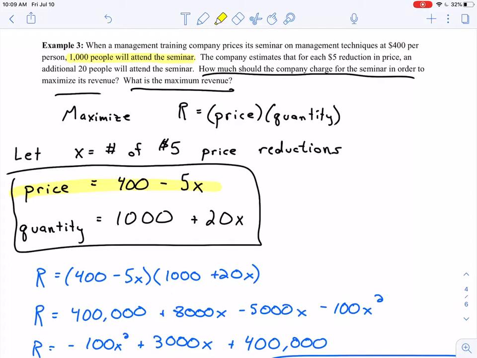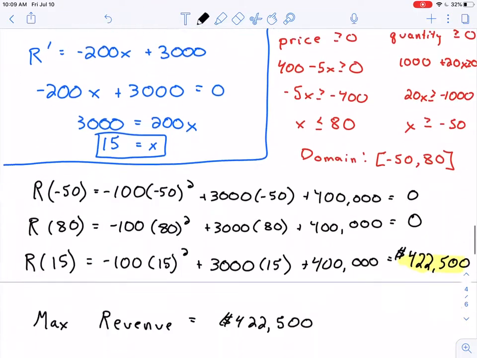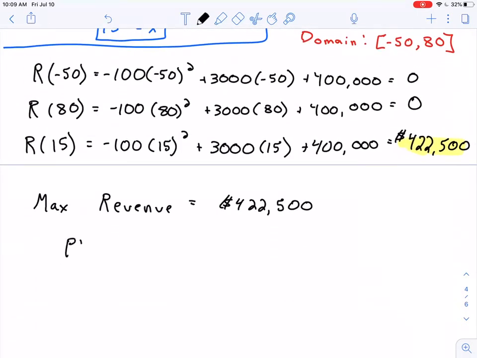This one is a little bit tricky because remember we chose X to be something very specific. We said X is the number of $5 price reductions. I'm simply going to take X equals 15. Remember, X equals 15 was the value that gave us our maximum revenue, and we plug that into our price function. So price is 400 minus 5X.